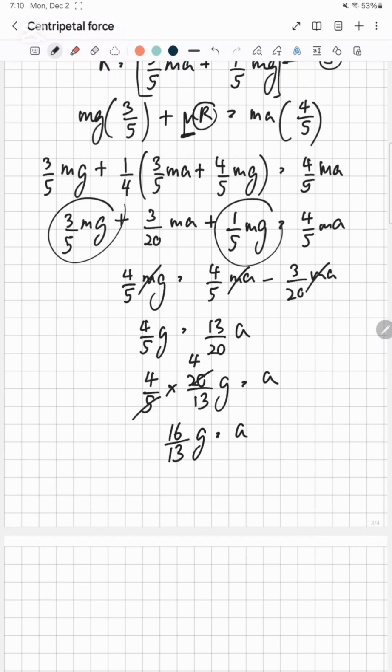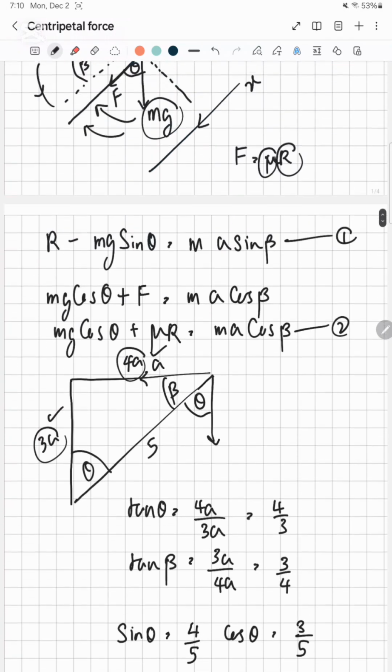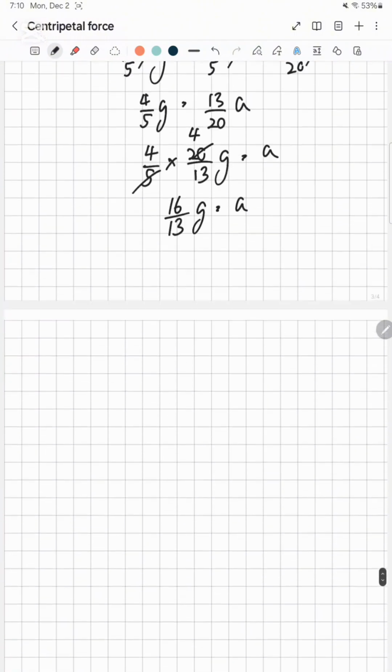g equals a. Okay, and now we have to use our final step.